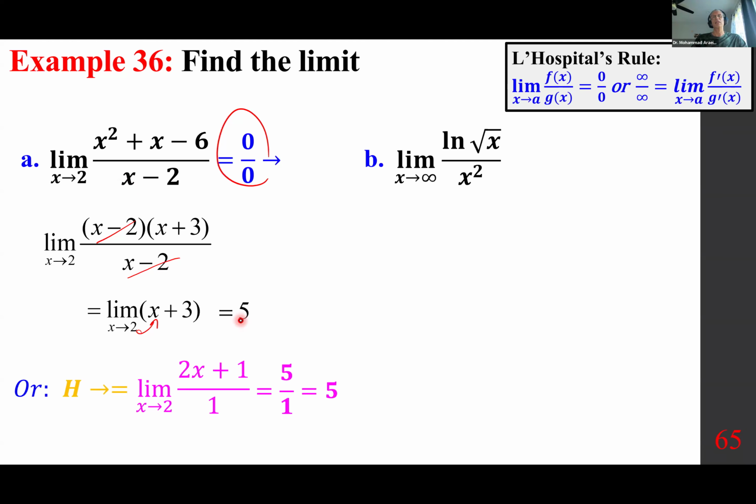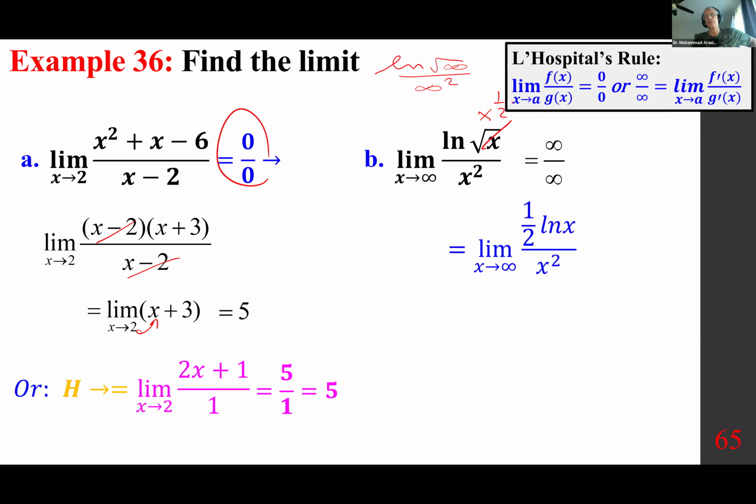The limit of ln of square root of x over x squared. If you plug in, you get ln of square root of infinity over infinity squared, which is infinity over infinity. And therefore, we can use L'Hopital's rule. To do that, we are going to change this to x to the power of 1/2, and therefore it becomes 1/2 ln x over x squared.